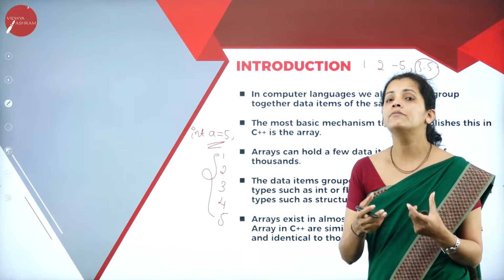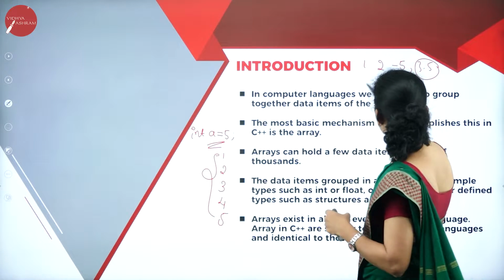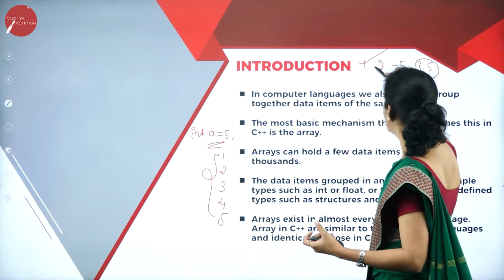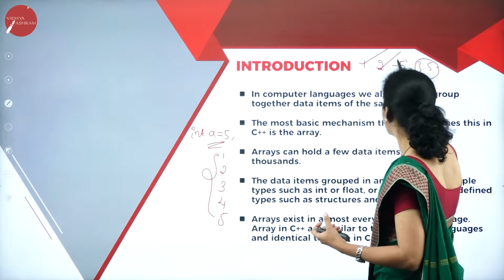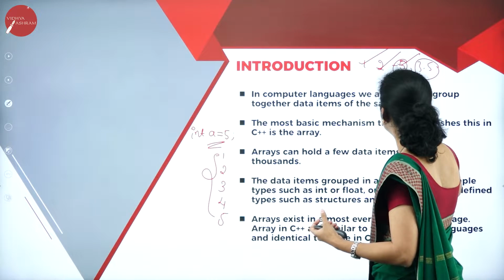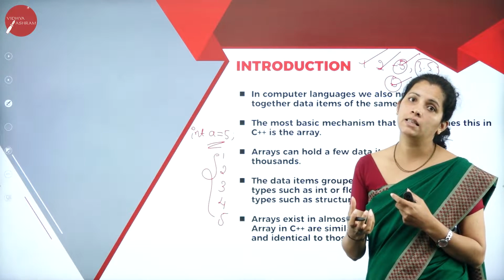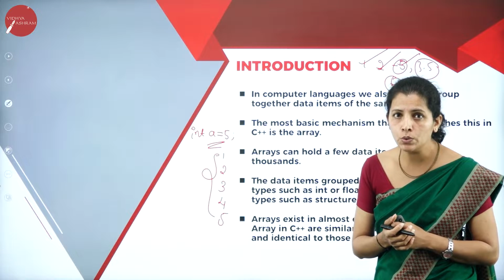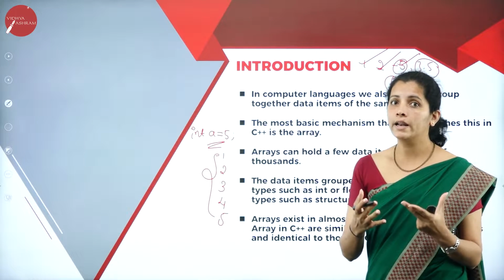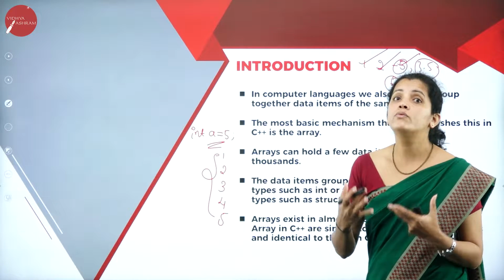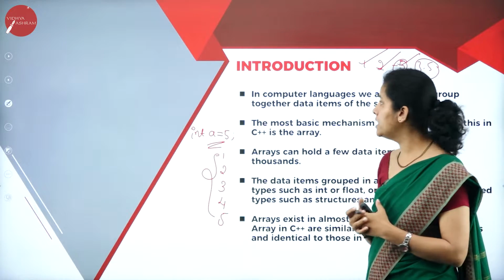It is a fractional value. And 1 is an integer, a whole number. 2, whole number. Minus 5, whole number. 6, whole number. But what about 3.5? It is a fractional value. So arrays are a collection of homogeneous elements.